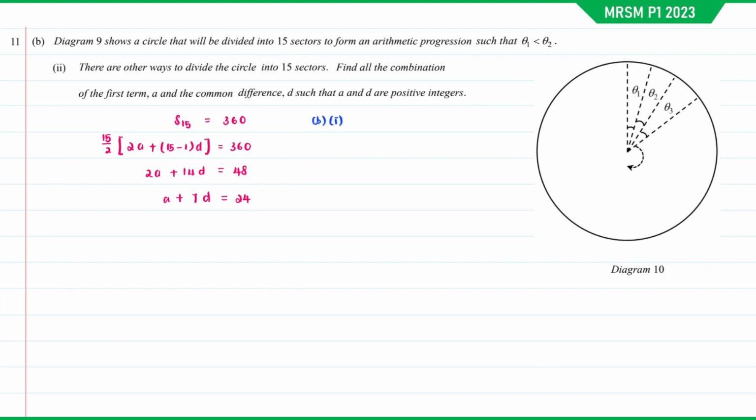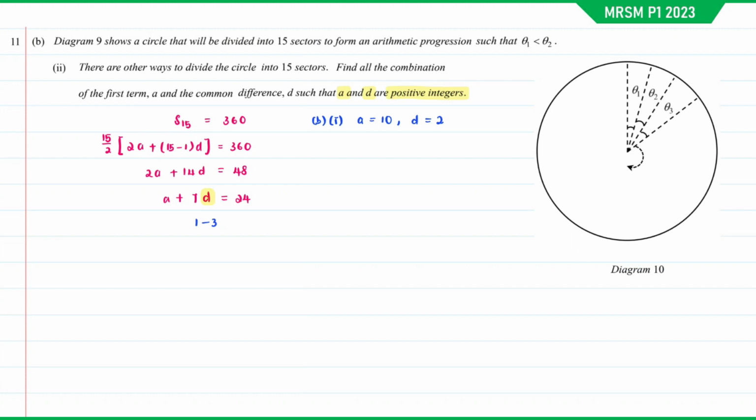In question B1, the circle is divided into 15 sectors with a equal to 10 and d equal to 2. For the other ways, as a and d are positive integers, which means they are greater than 0, starting from number 1. Based on the equation a plus 7d equal to 24, the value of d has to be between 1 and 3.